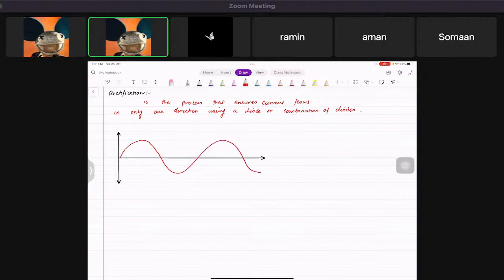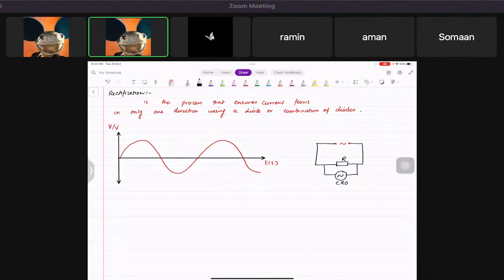Here we have the voltage, that's the time, and that's when you have an AC source connected to a resistor maybe, and that resistor is connected to a CRO.